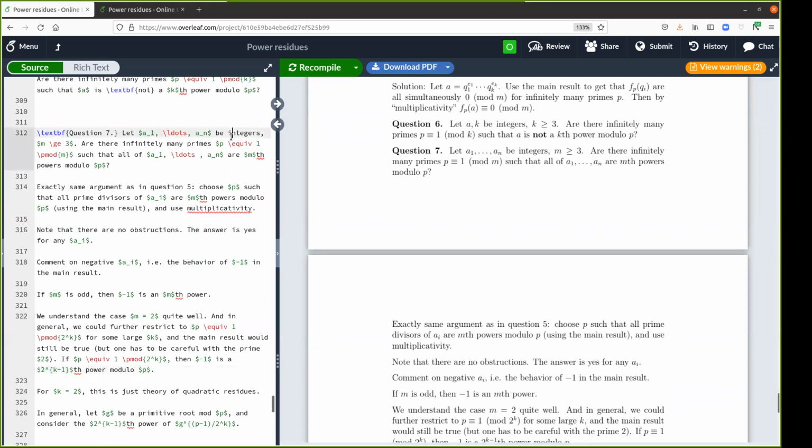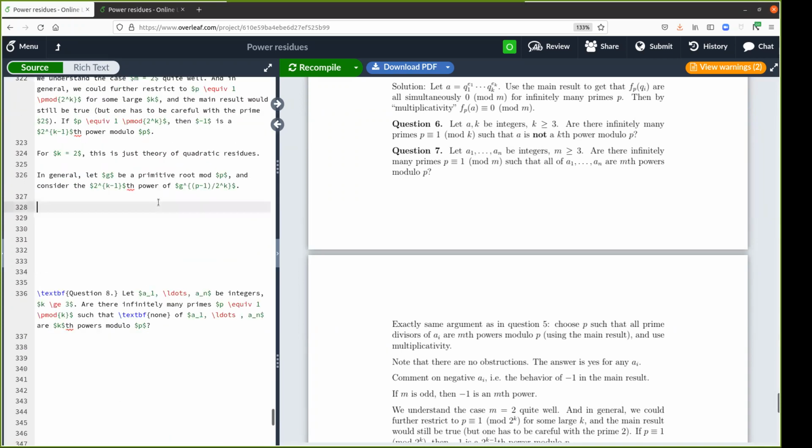But okay. First of all, we have proven this result for positive integers ai, and that's quite good. And in the case like if m is 6, then we still add the congruence condition.